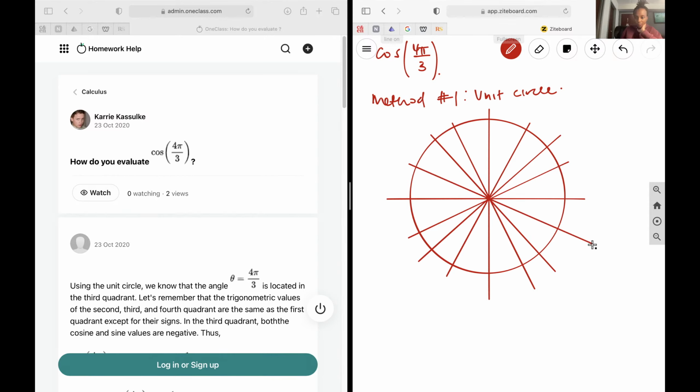Okay, and that's going to be our unit circle. Now let's plot our points. Sorry, let's start at 0.